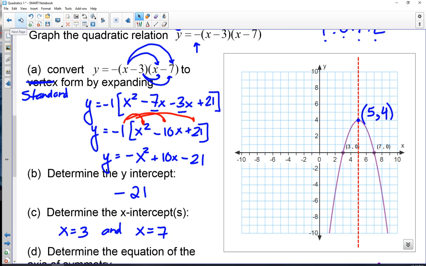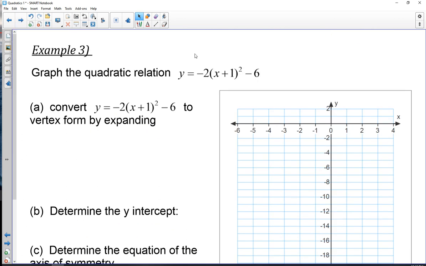Okay, one final example. Example 3. This time we're going to graph the quadratic relation y equals negative 2 times x plus 1 squared minus 6. So this quadratic is written in vertex form, so we can see it here: y is equal to a times x minus h squared plus k.